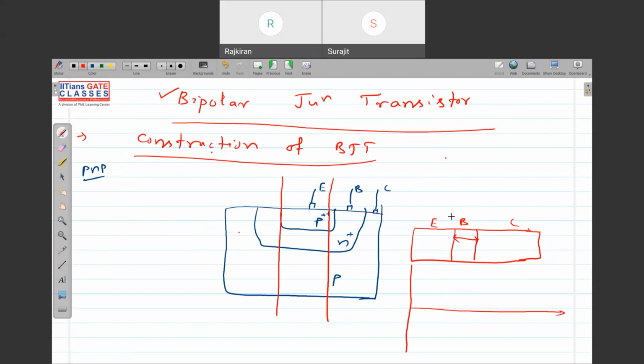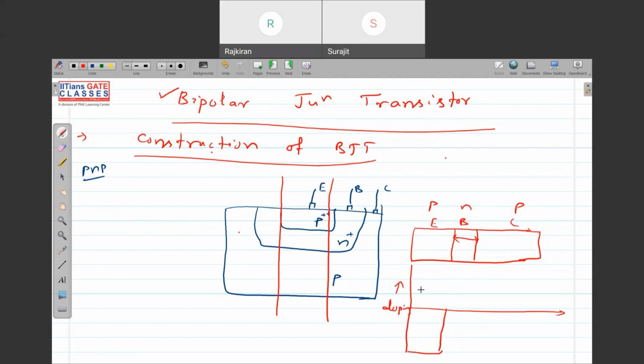Since it's a PNP transistor, in P type the doping is acceptor, which are generally negatively charged. I want to plot the doping. The emitter will be very hugely doped.